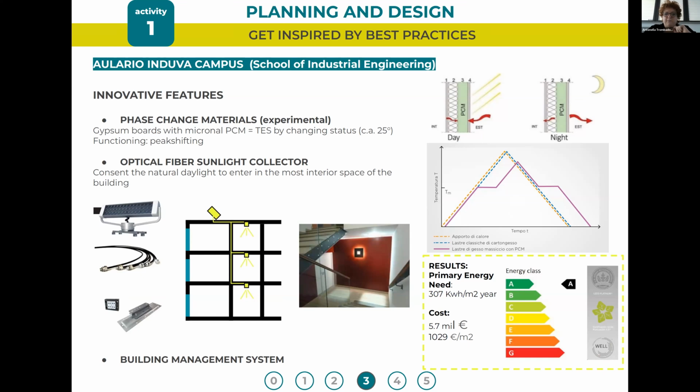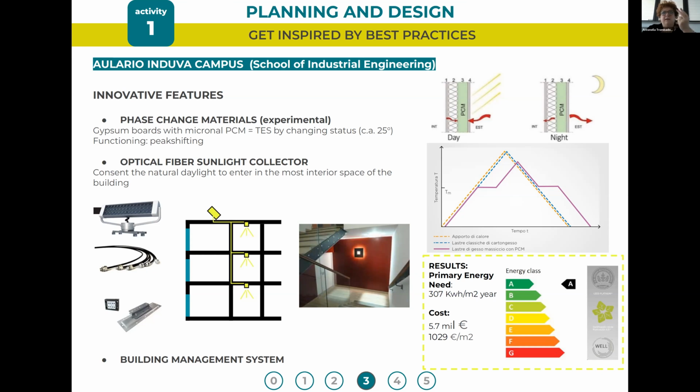Again, the pilot project, especially in the public building, could be a very strategic occasion to experiment with innovation, to combine the experimentation with the company, to test some innovative material. It is a pilot project, and they are monitoring the benefit from nano materials, especially phase changing material and the introduction of a sunlight collector using optical fiber.